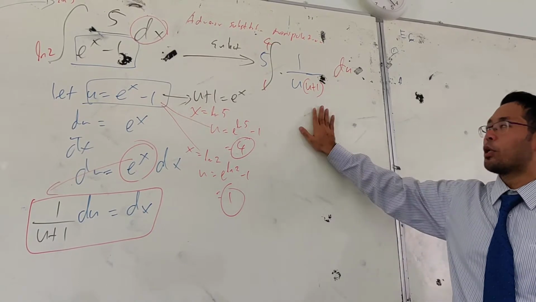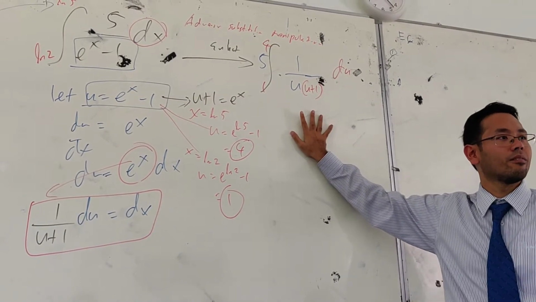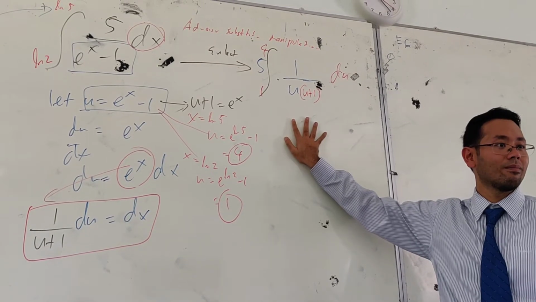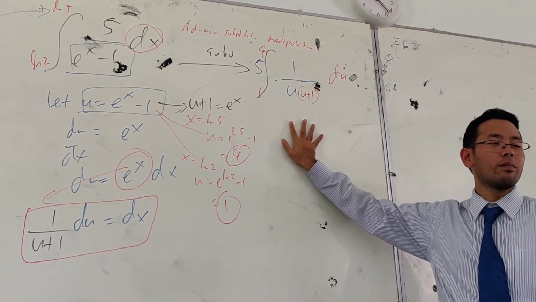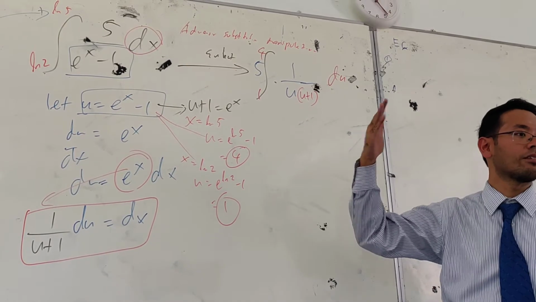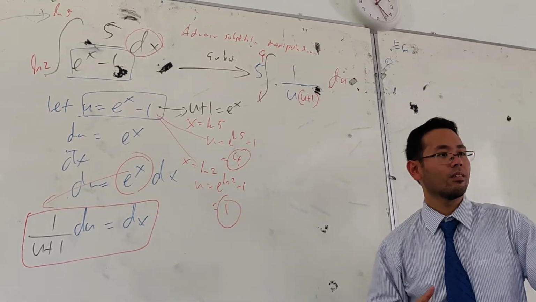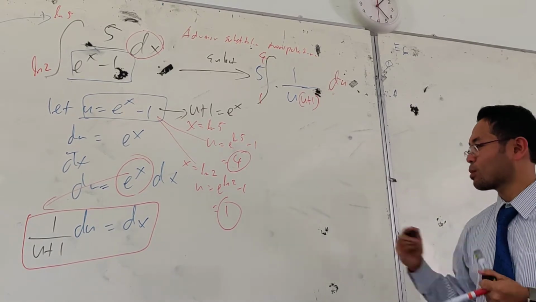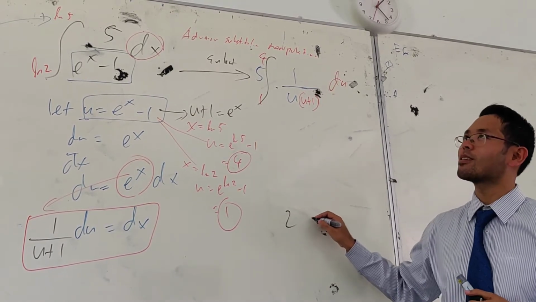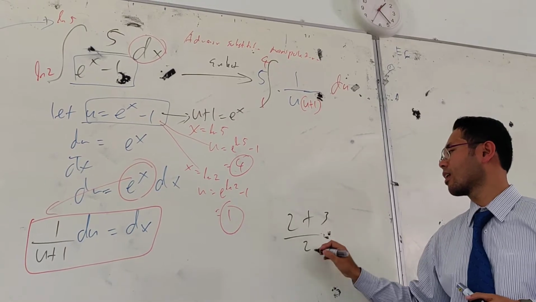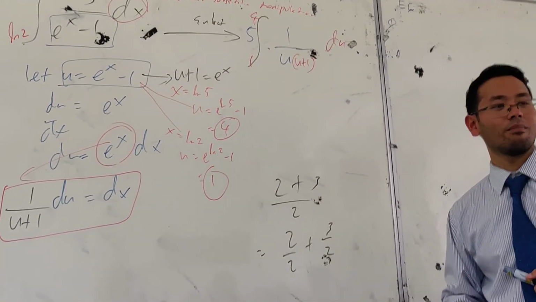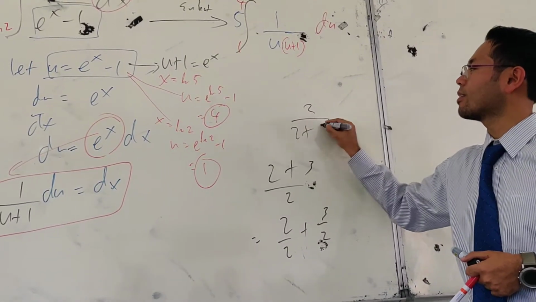Okay, now how do you continue from here? Normally we want to expand if it's a numerator. If a denominator, we don't want to expand. You can separate it out if you got something like this. But you cannot split it out when you got a product in the denominator.